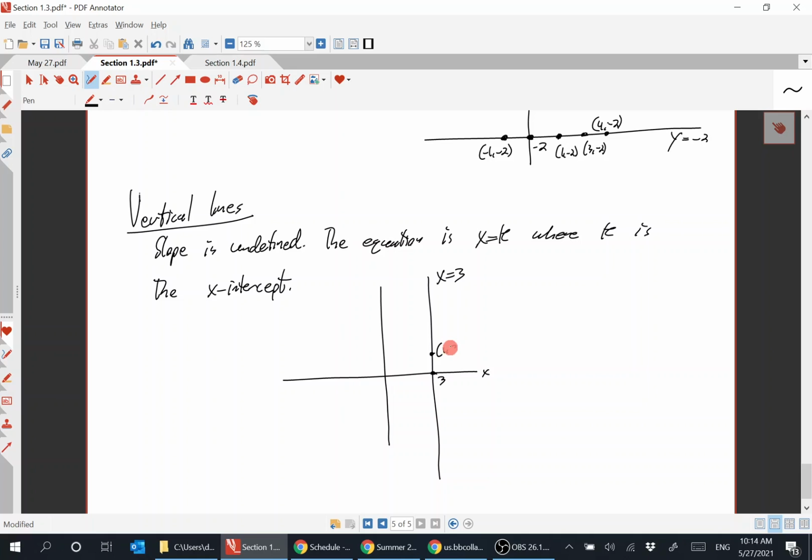And this is the point, say, (3, 1), (3, 2), (3, -1), (3, -5), so on and so forth. So on the line x equals 3, the x-coordinate is 3, the y-coordinate is whatever. Okay?